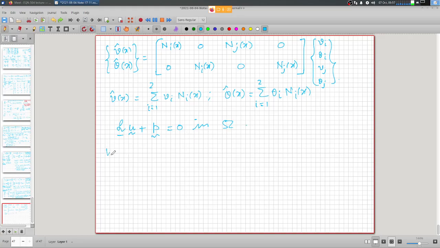The weighted residual statement is given by the integral over omega of the matrix W multiplied by these matrix equations, the combined coupled equations.